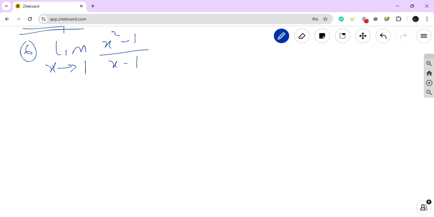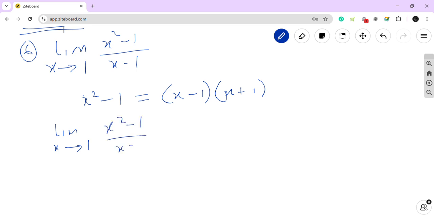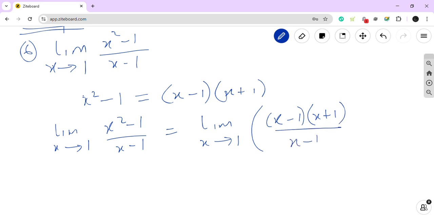We have to do everything possible to avoid that. So you can actually use difference of two squares for the numerator part. Meaning I can write this as x minus 1 and x plus 1, right? So then we can say limit as x tends to 1 of x squared minus 1 over x minus 1 is now limit as x tends to 1 of x minus 1 times x plus 1 over x minus 1.